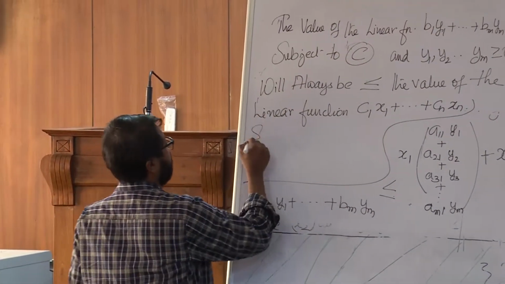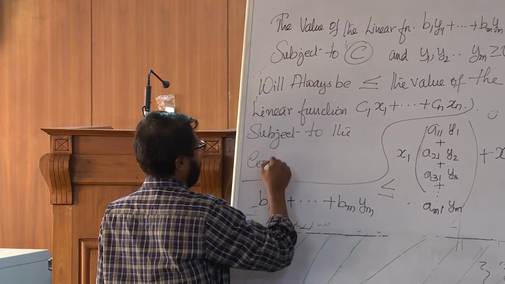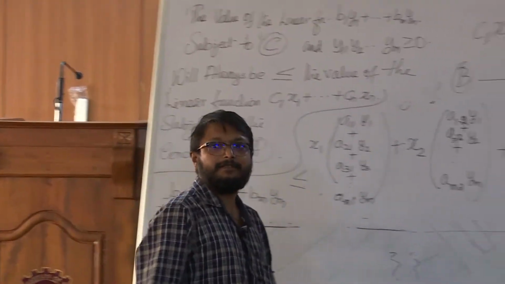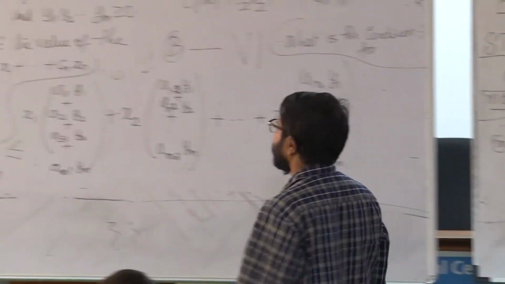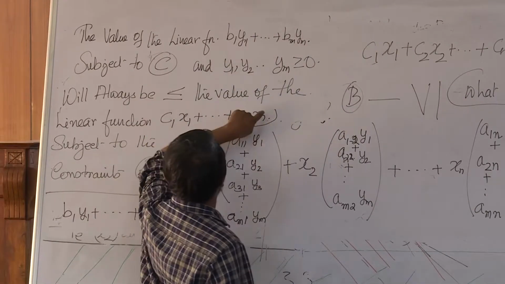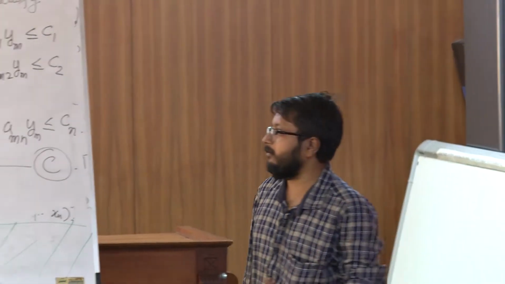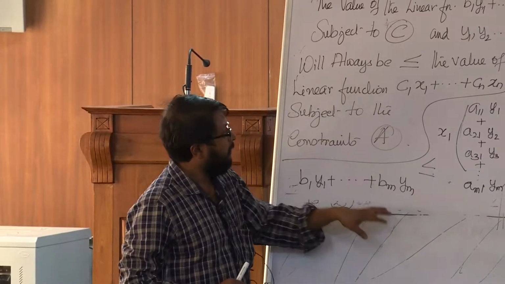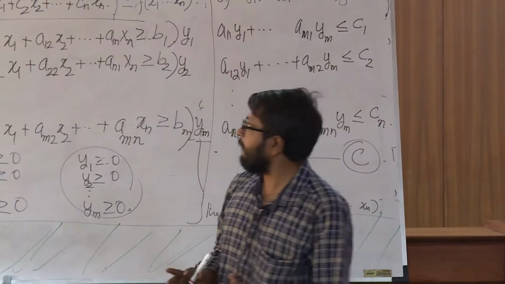The value of any solution, the value of the linear function b1 y1 plus bm ym subject to these constraints, will always be less than or equal to the value of c1 x1 plus cn xn subject to the constraints A.